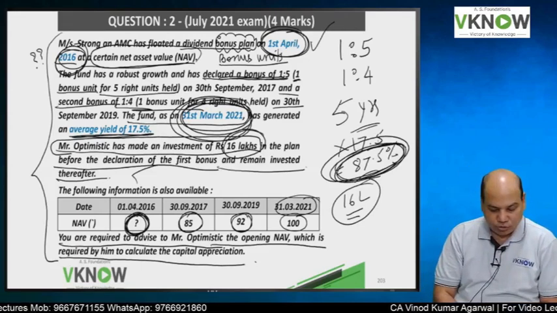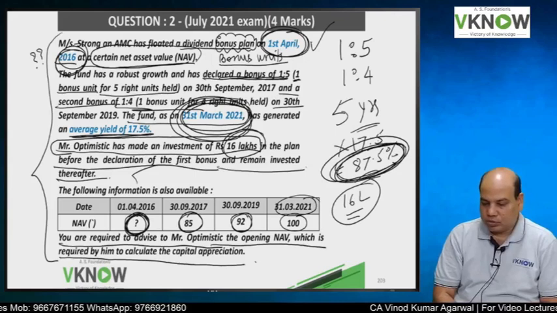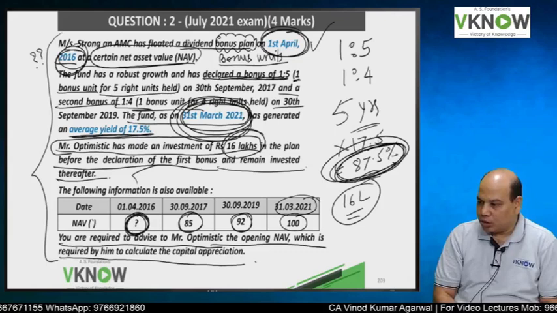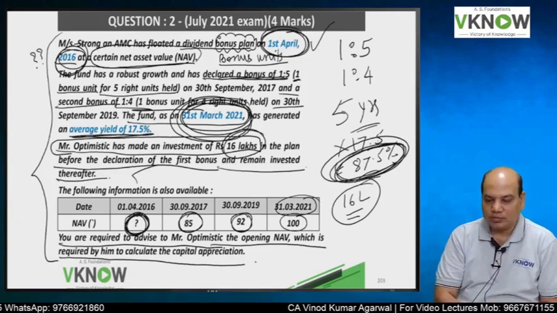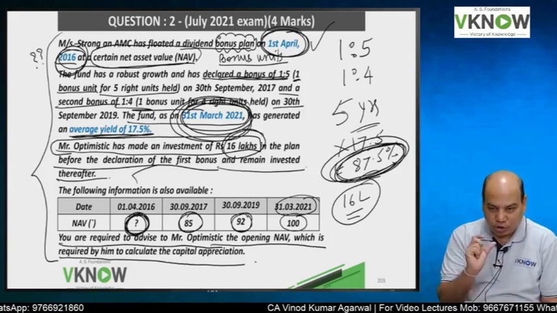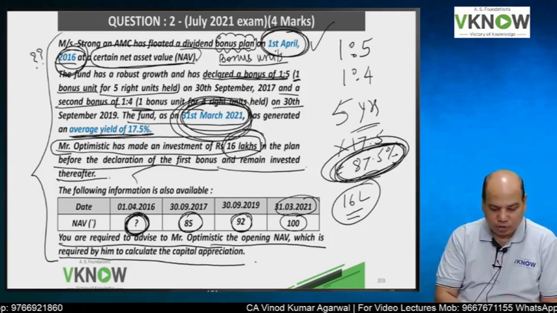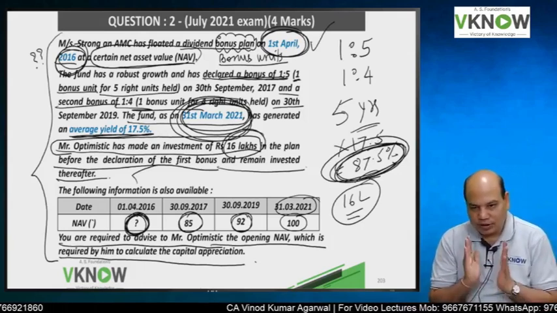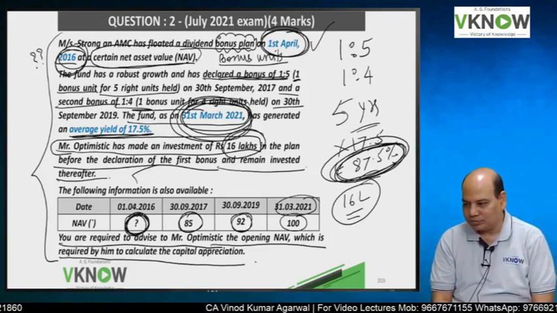So first chance to you. Students will try. You have to find out the opening NAV. I'll give you 30 seconds to try, then only your mind will work. You will think. So 30 seconds starts now.